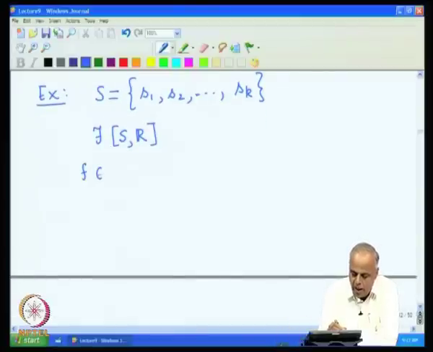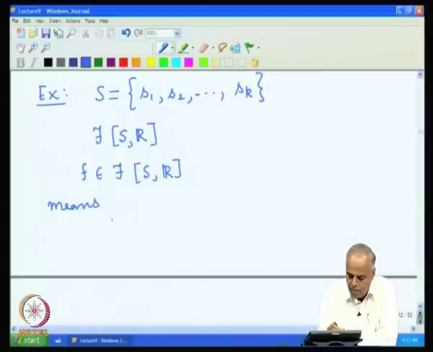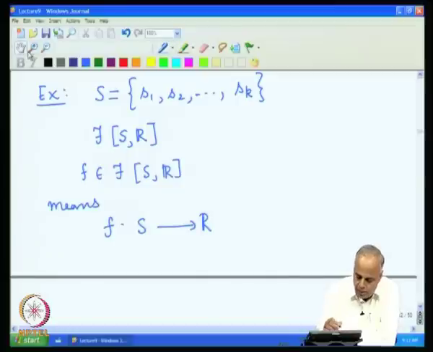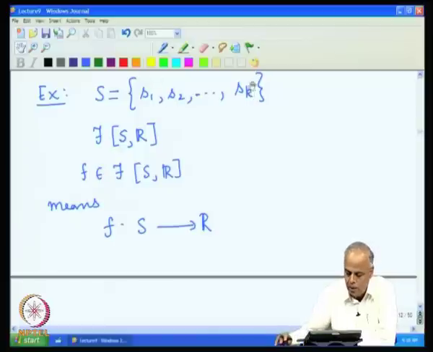If I have a function F in F(S,R), that means F is a function from S to R. F will assign a real number to each element in S. Therefore F will assign a real number to S1, to S2 and to Sk.